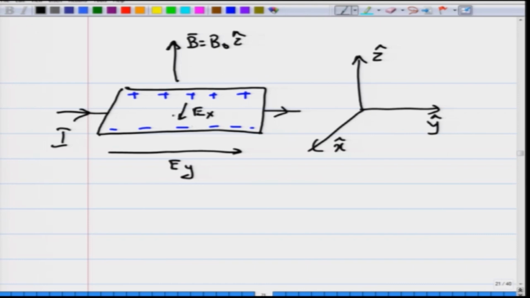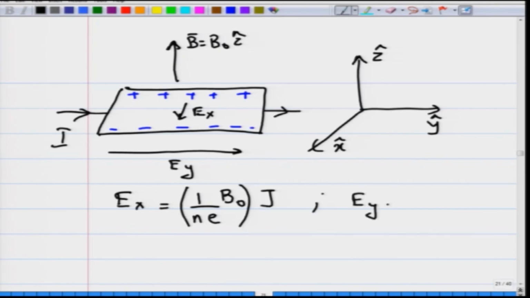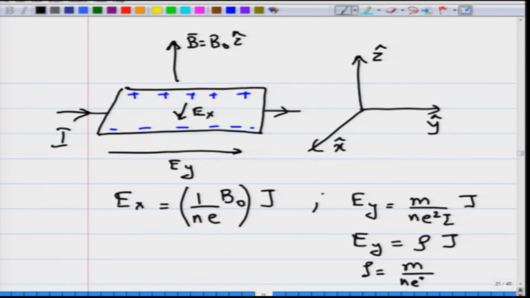Using the Drude's model, the electric field along the x direction is 1 over N E B naught into J, and the electric field along the y direction is the usual M by N E square tau times J. This electric field along the y direction is nothing else but your Drude's resistivity, where rho is M by N E square tau.